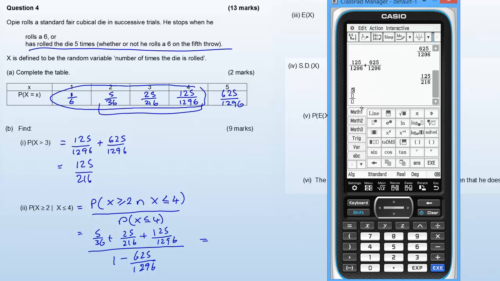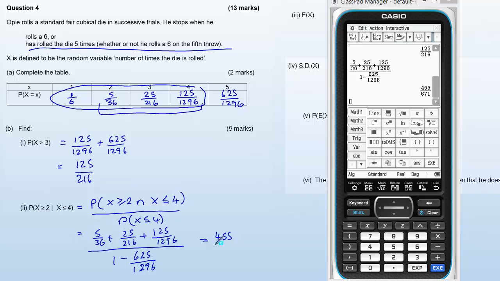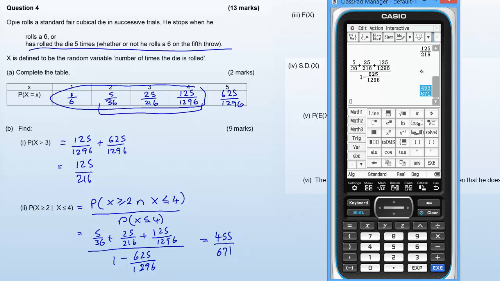So 5/36, and then we need to add to that 25/216 and add to that 125 over 1296, and on the bottom I've got 1 take away this one just here, and that gives us 455 over 671, and you could give that, if you like, as a decimal, 0.678.